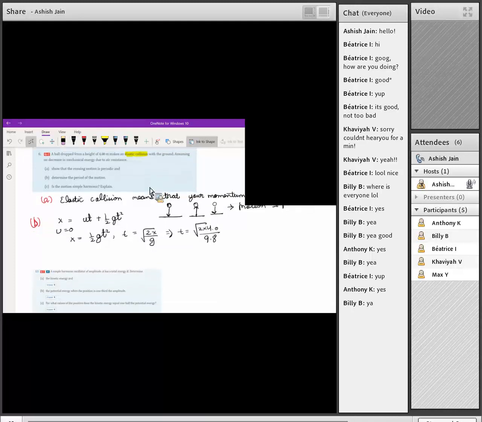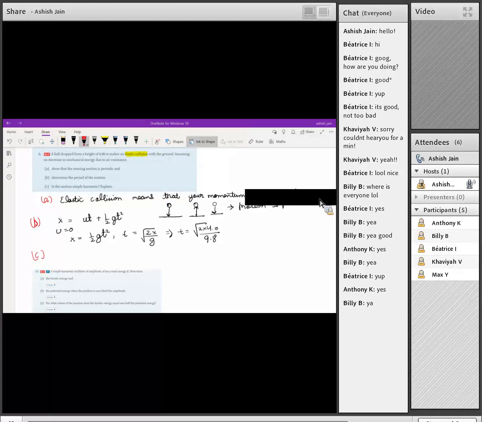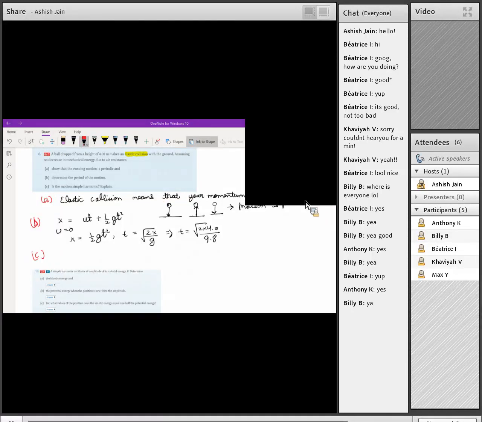Okay, so this is the question for you guys. Is the motion simple harmonic? Who will tell me the answer? Just type whatever. Just type the hunch, it doesn't matter whether it's correct or wrong.